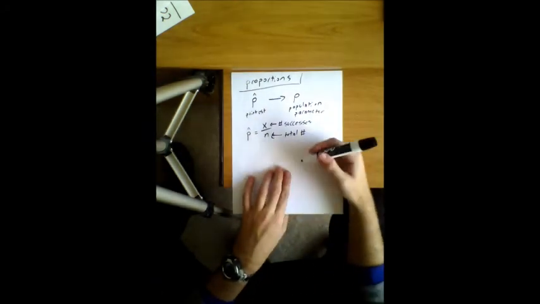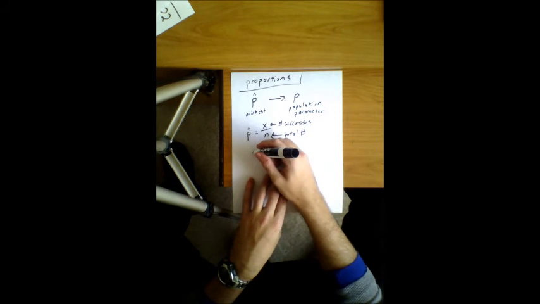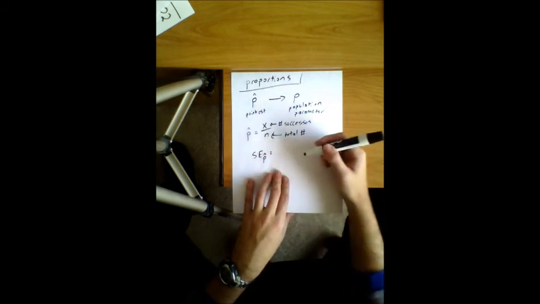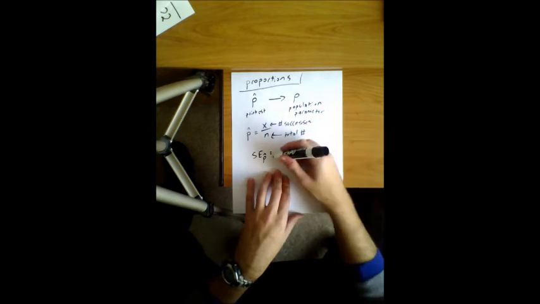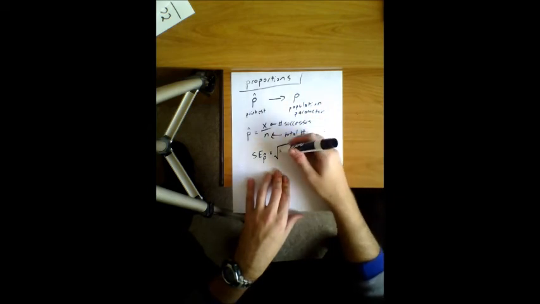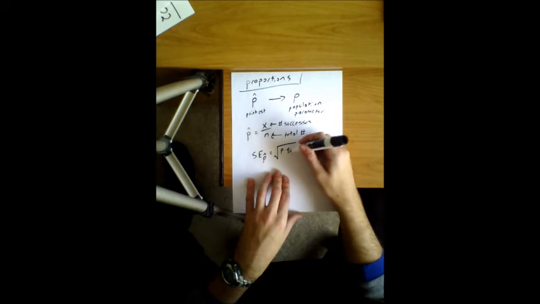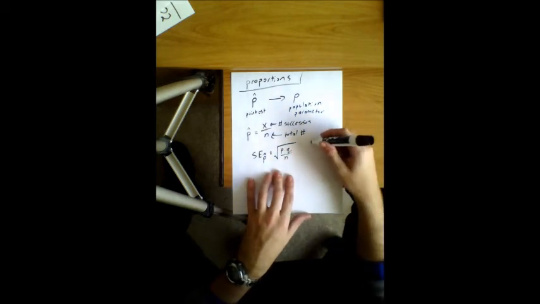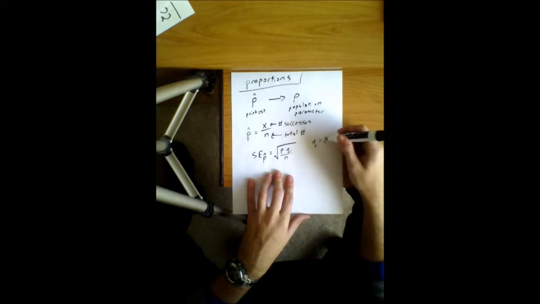Now we're actually going to get into the standard error. So the standard error of p hat is going to be the square root of p times q divided by n. And again, q here is just equal to 1 minus p.